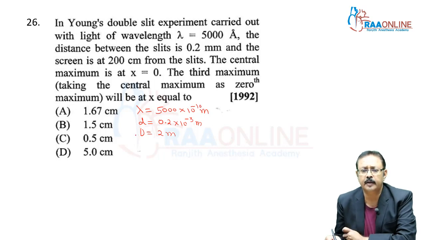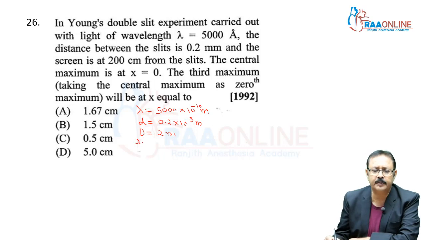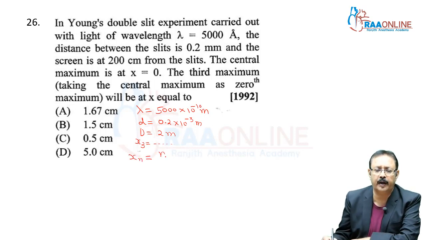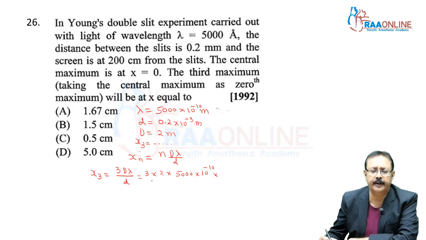The third maximum will be at x equal to what? For maximum, we want to calculate x3. What is the formula for maxima? Xn is equal to n D lambda by d. So for third, it should be 3 D lambda by d. D is 2, lambda is 5000, by d.